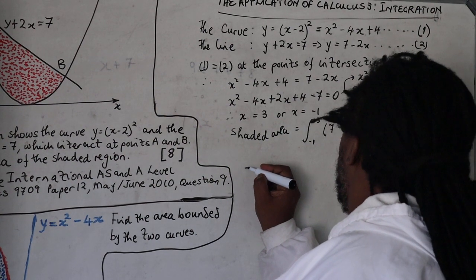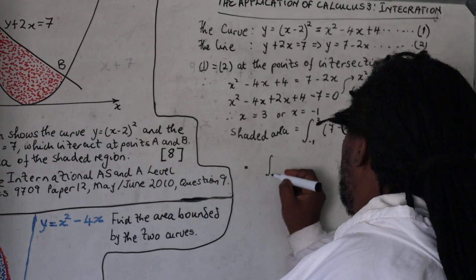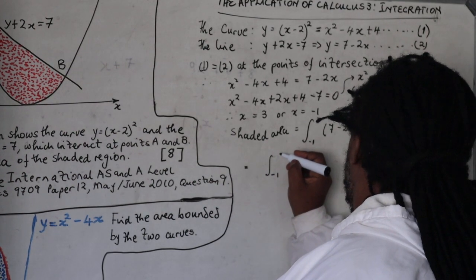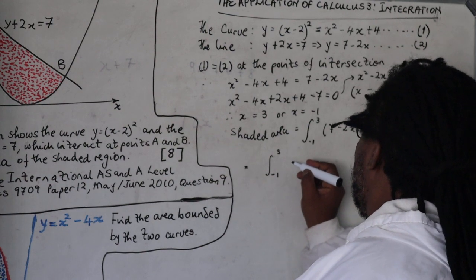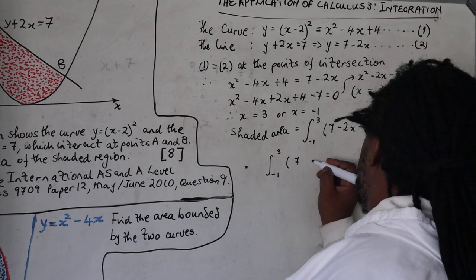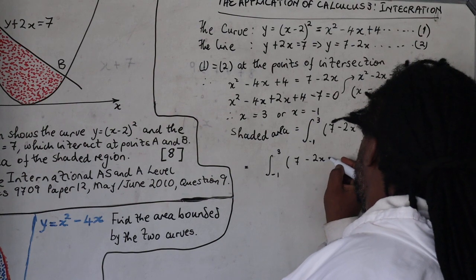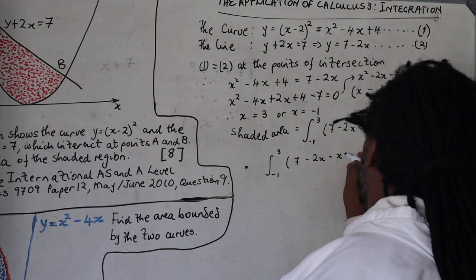And this is equal to integral from minus 1 to 3 bracket 7 minus 2x minus x squared.